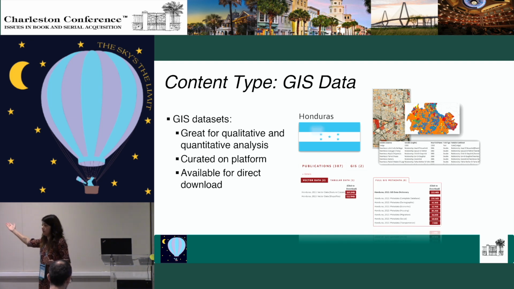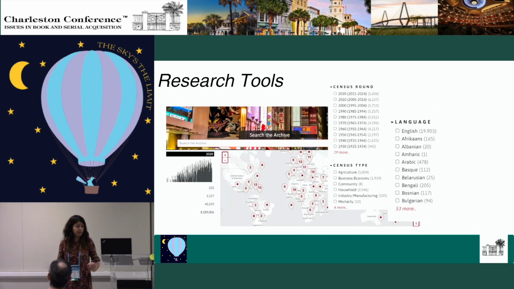But again, it depends on what the country and their questions made available. Not all countries ask the same questions in their censuses. Honduras, for example, has a big data set because it had all these components for the GIS. And one thing that enhances the research, in my opinion, is the filters.